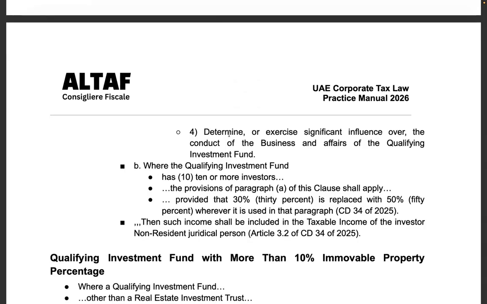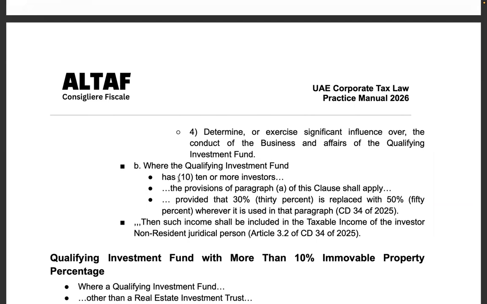The fourth criteria of control was to determine or exercise significant influence over the conduct of the business and affairs of the qualifying investment fund. So if that happens, then the prorated income from that fund will be included in the taxable income of the investor.